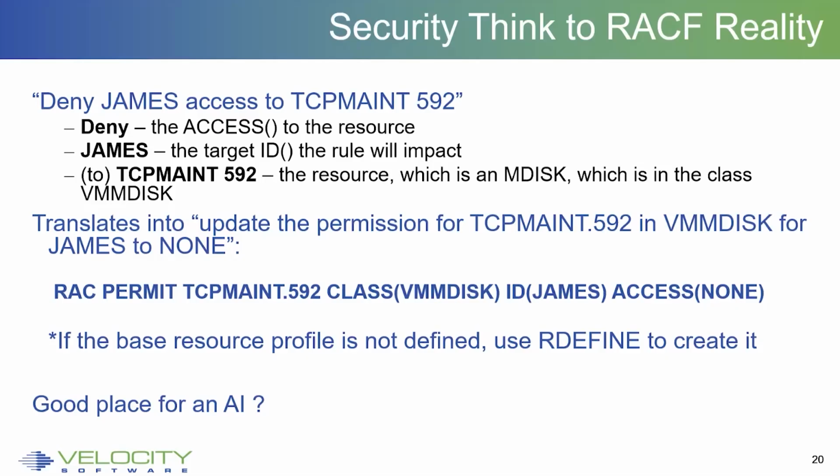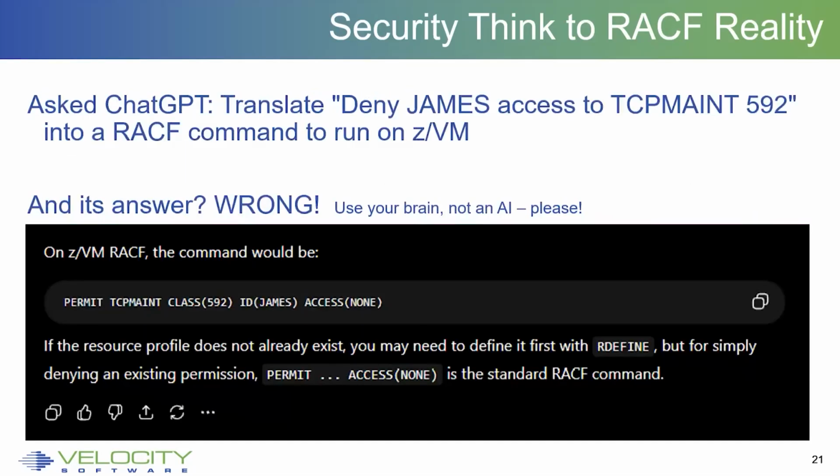Now I got to thinking this would maybe be a good place for AI, because maybe AI would help us translate this request of deny James access into RACF. So I gave it a shot. I asked ChatGPT, how would you turn that phrase into a RACF command to run on z/VM? And notoriously, its answer is wrong.